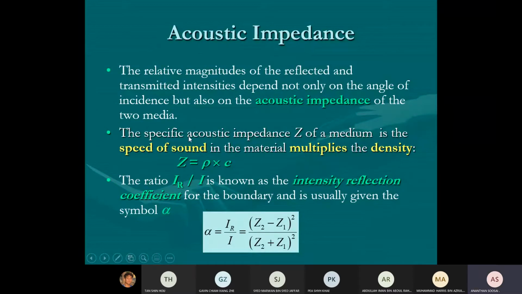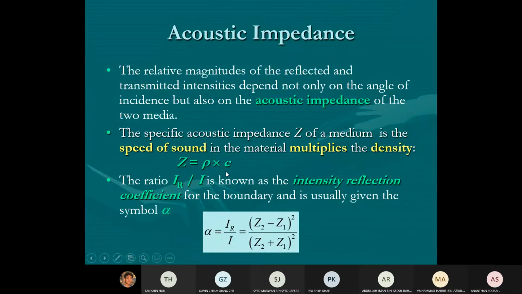The faster the sound travels and the denser the material, the higher the acoustic impedance. Z is the symbol for acoustic impedance, and Z equals rho times C, where rho is the density and C is the speed of sound in that medium. So Z equals rho C.